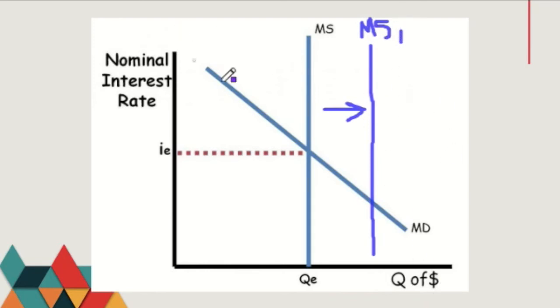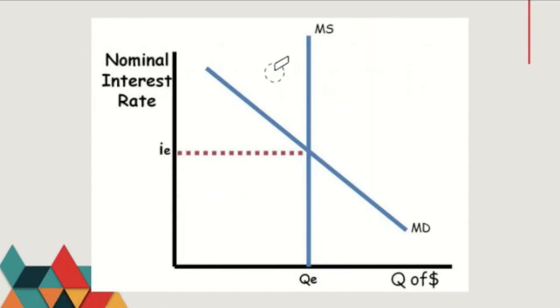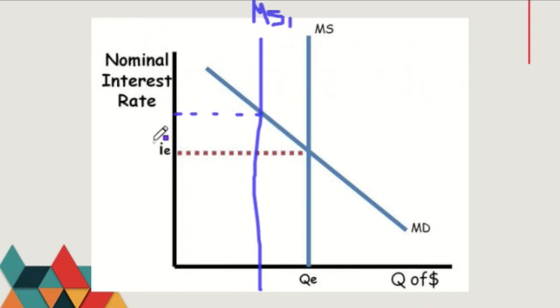That's going to mean that with the same amount of demand for money, the nominal interest rate is going to be lower, and the quantity of money is going to increase. If the opposite happens and the money supply is lowered, then the nominal interest rate is going to increase and the quantity of money is going to decrease.